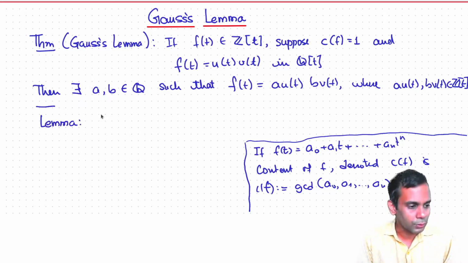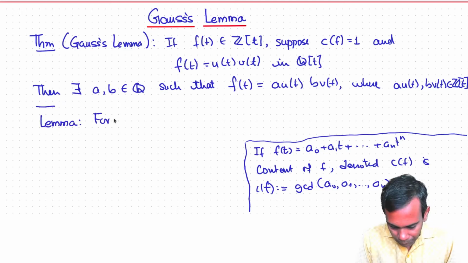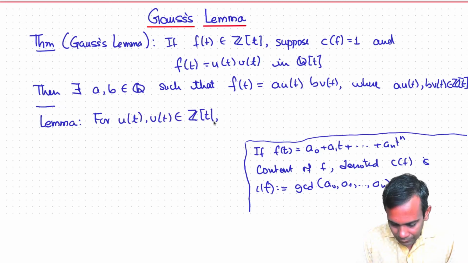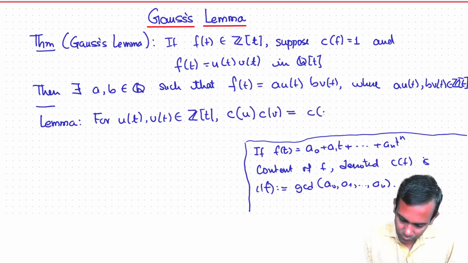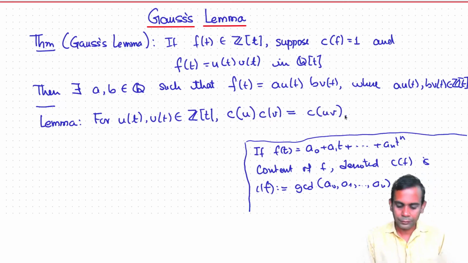For u(t), v(t) in Z[t], the content of u times v is equal to the content of u times the content of v. So the content of the product of two polynomials is the product of their contents.